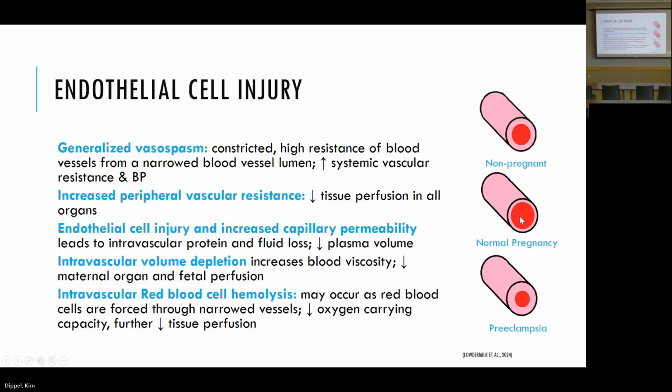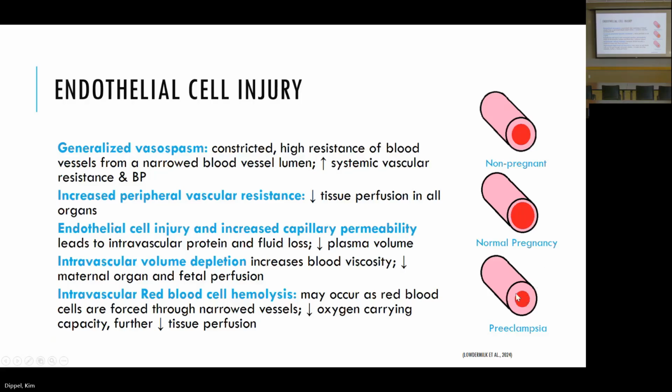So when a woman becomes pregnant, remember we said she has decreased vascular resistance. That's because it opens up more and allows more blood to flow through. I used to do an example in class where I'd have a really skinny straw, and then a big, floppy smoothie straw. That's normal pregnancy. You want the vessels to be like that.